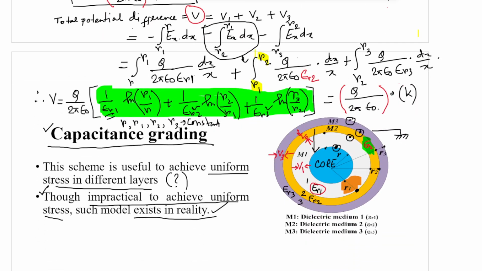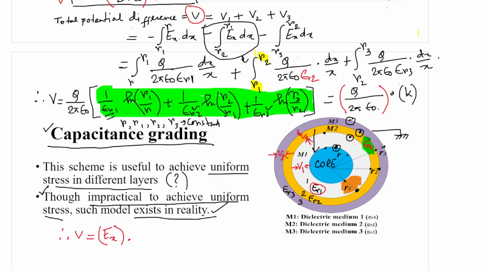Therefore V is equal to, from this expression, Ex, then we will have epsilon r.